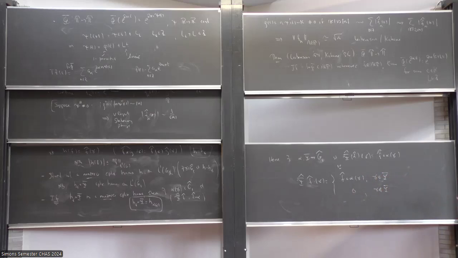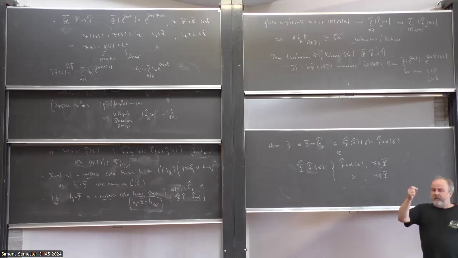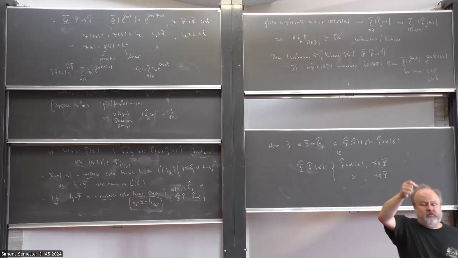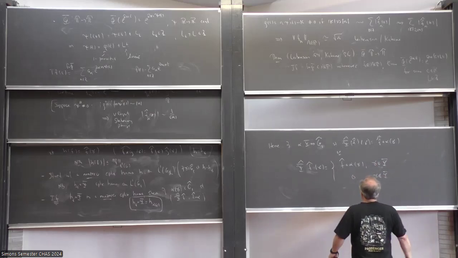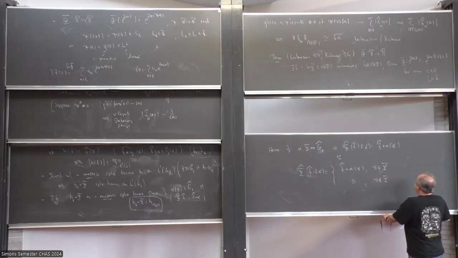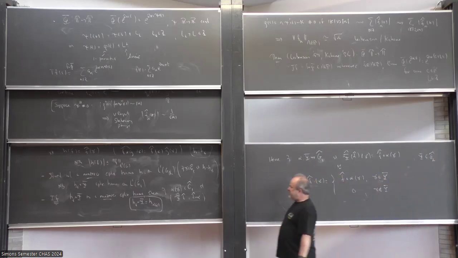So we started with a general homomorphism from L1 of G1 into L1 of G2. We found a subset Y of the dual group of G2.